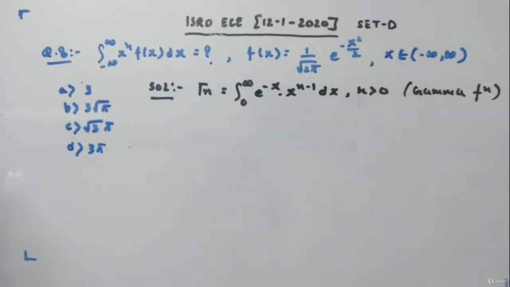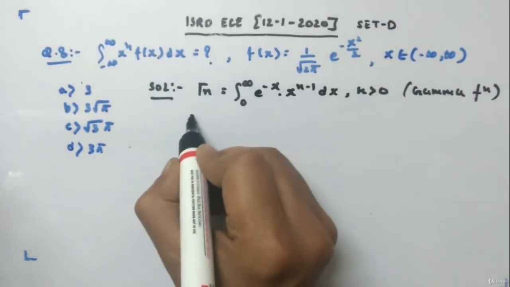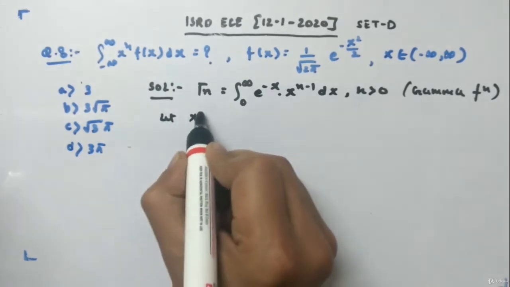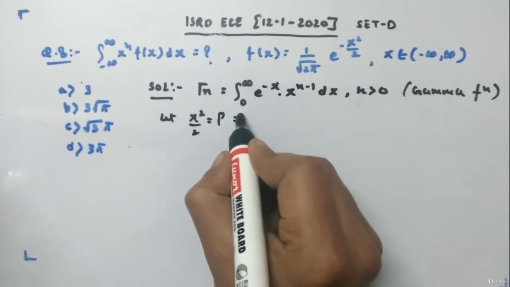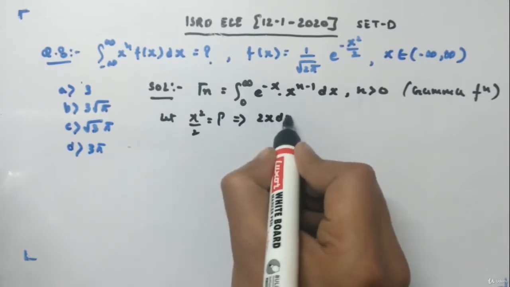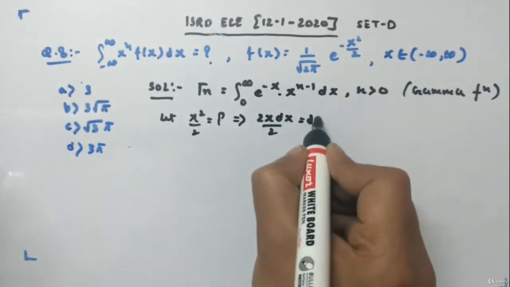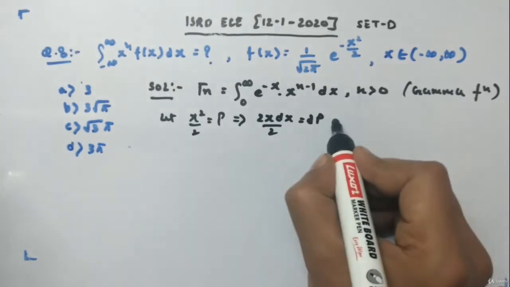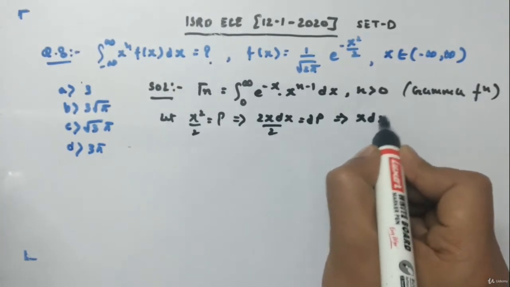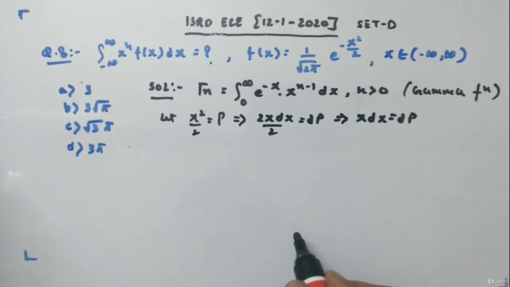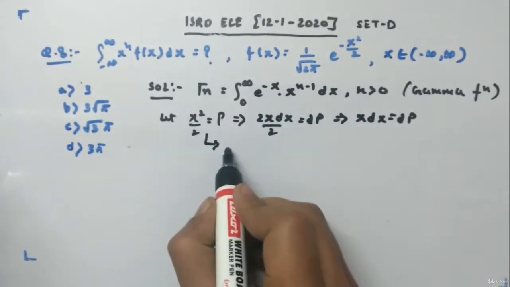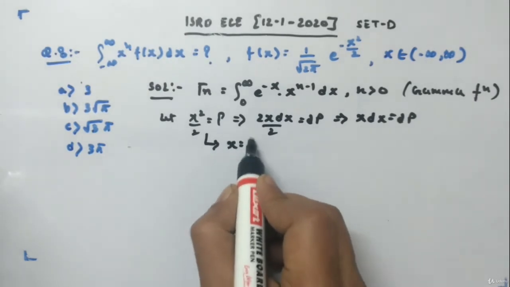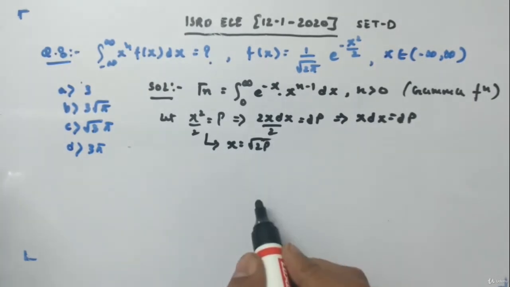So what I'll do is, let x square divided by 2 be equal to p, which means 2x dx divided by 2 will be dp, so x dx is equal to dp. One more thing, from here you can calculate x is equal to under root 2p.